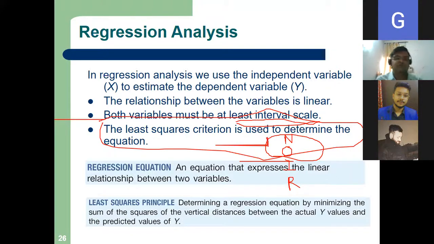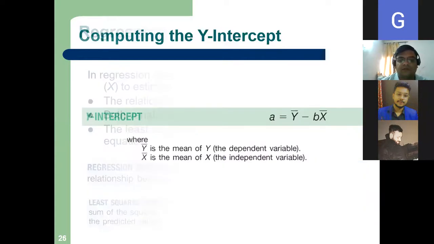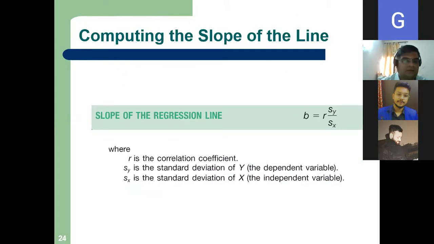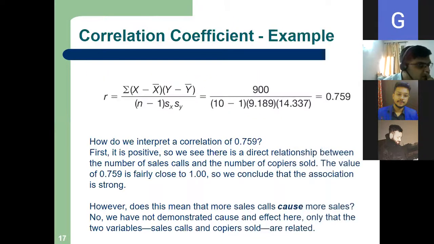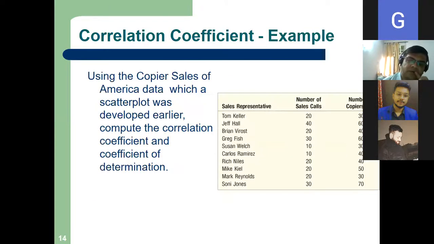A regression equation expresses the linear relationship between the variables. Let me explain the least square principle.